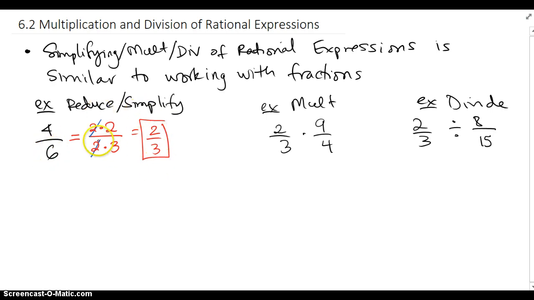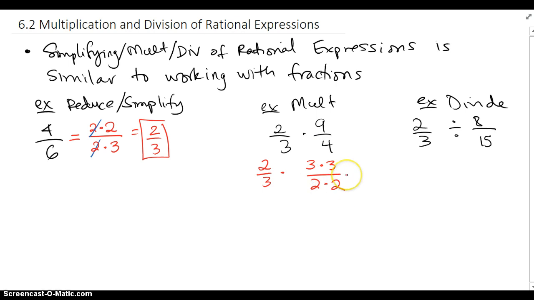So reduce or simplify says basically write it as factors and then cancel or reduce the common factors. What does multiply say? Well, you have the option of multiplying across and reducing, or you can leave 2/3 as is, and rewrite 9 as 3 times 3 and 4 as 2 times 2.